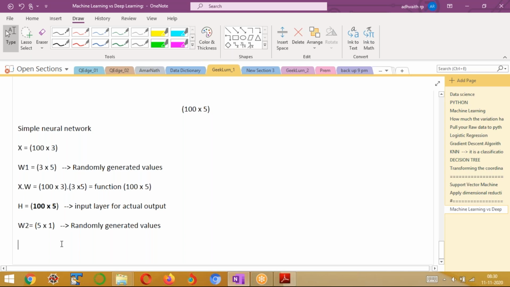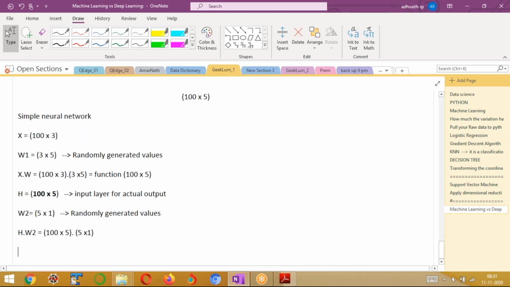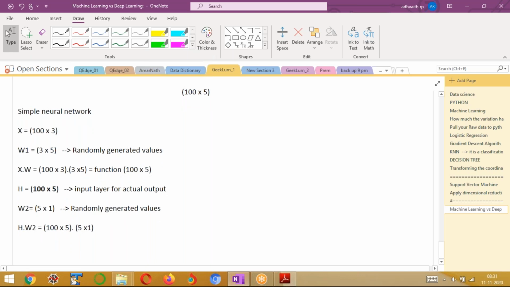That means if I multiply the hidden layer with W2, 100 by 5 into 5 by 1, my resultant, y underscore prediction, should be 100 by 1.